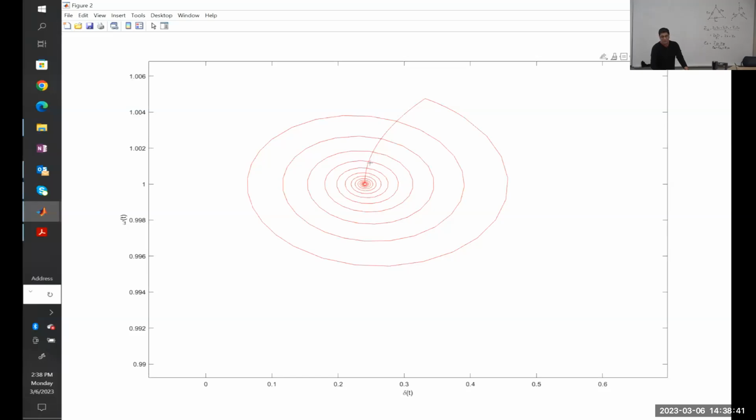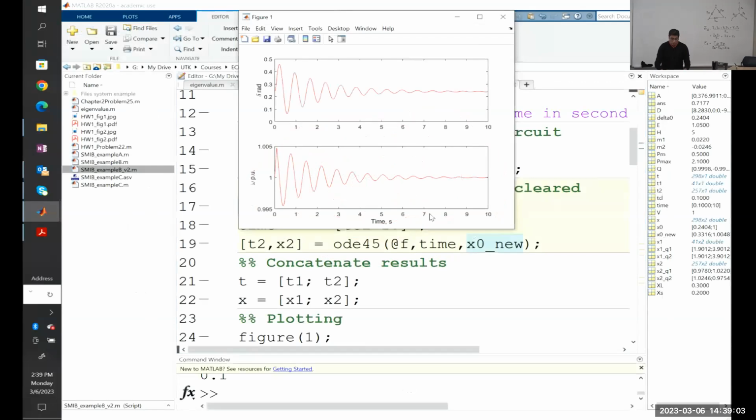So the short circuit remains for 0.1 second, and here the fault is clear. The state variables are not far away from the stable focus. So the trajectory is attracted to the stable focus again and converges to the equilibrium point. Everything is fine. That's the evolution now of the state variables.